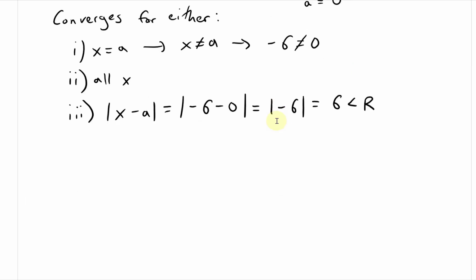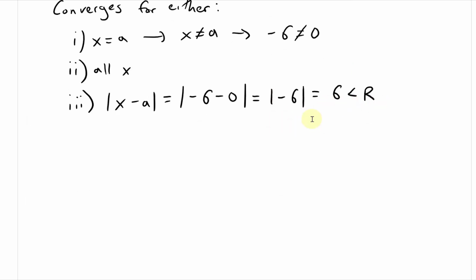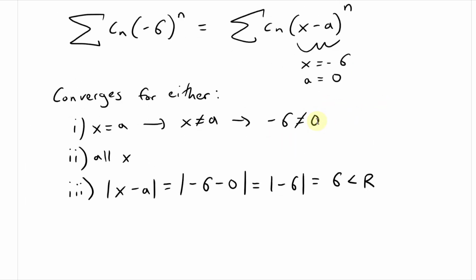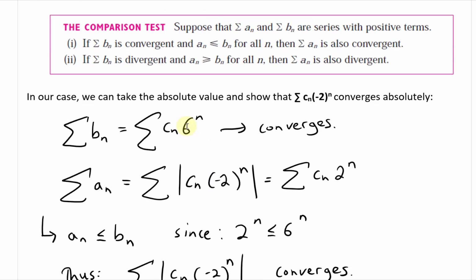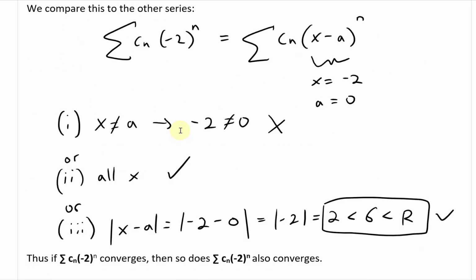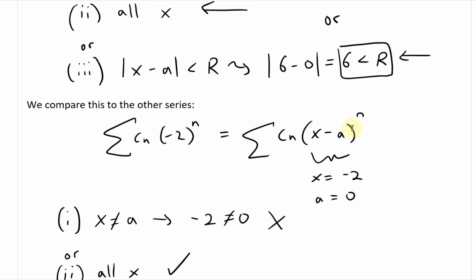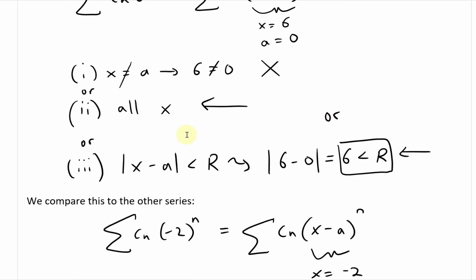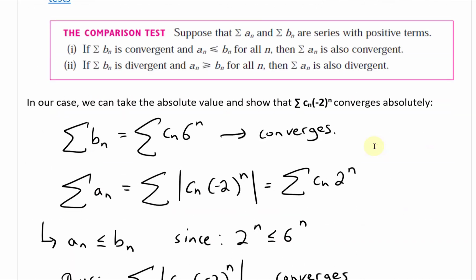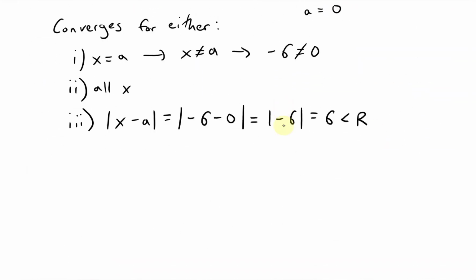And this scenario is the same as for the other case, the 6^n, if I scroll up here. So it's either for all x or for 6 less than r, but we don't know what this value of r is.